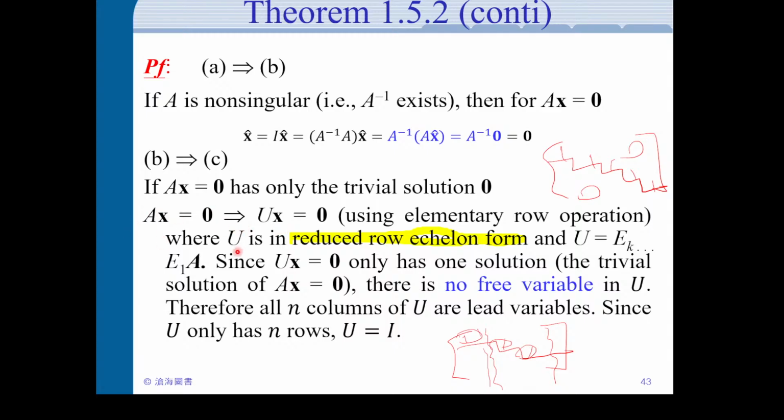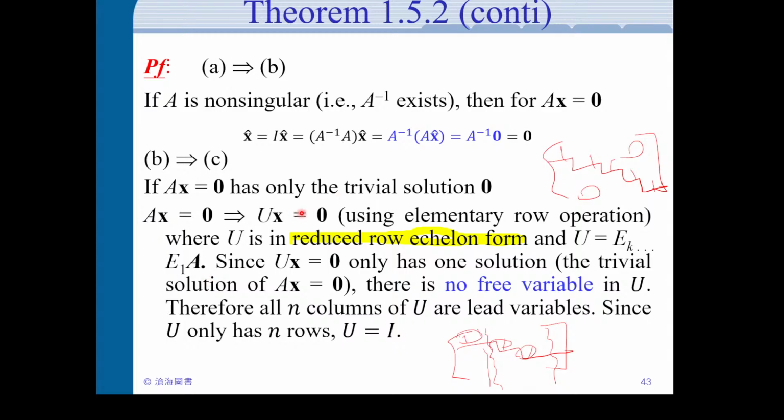Let's say the reduced row echelon form equals this U. This U means the reduced row echelon form of A if you do Gaussian elimination on it. So U is obtained by multiplying those elementary matrices on A.